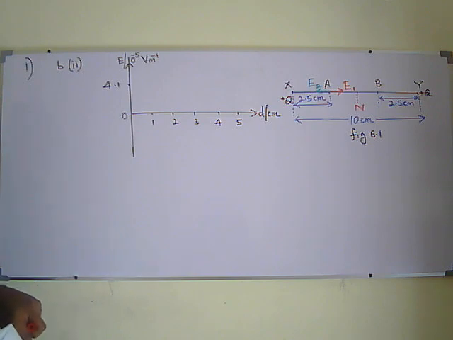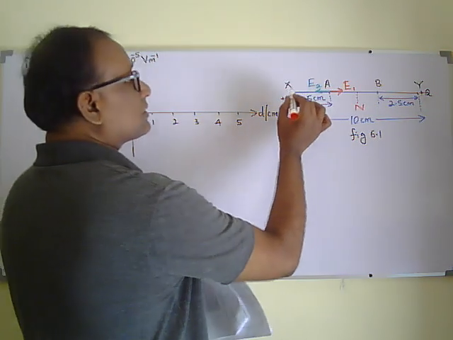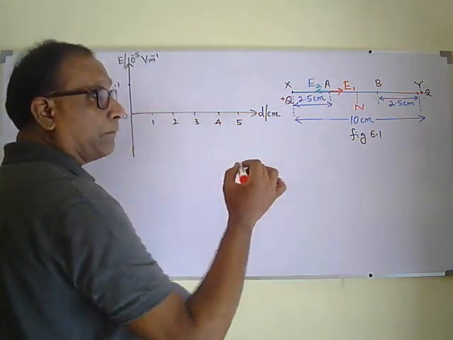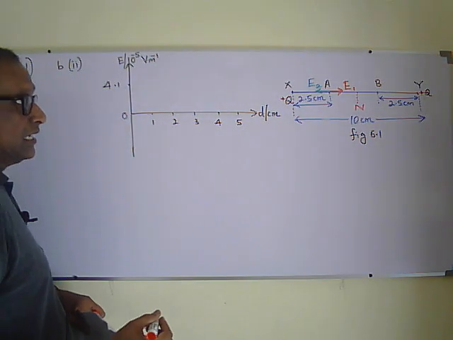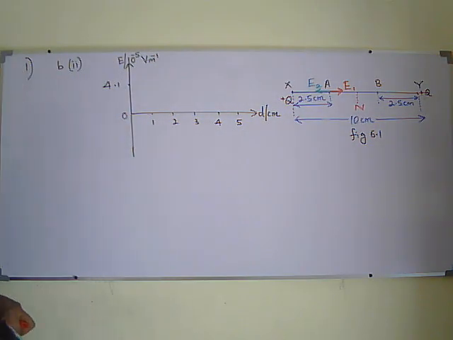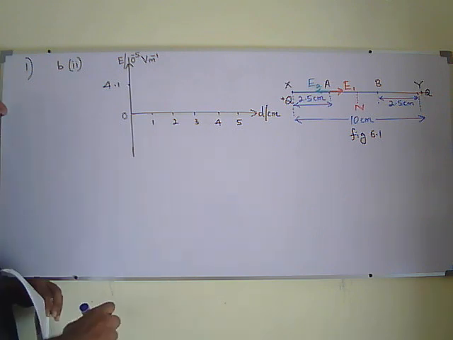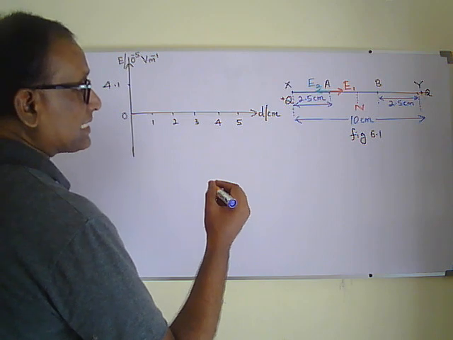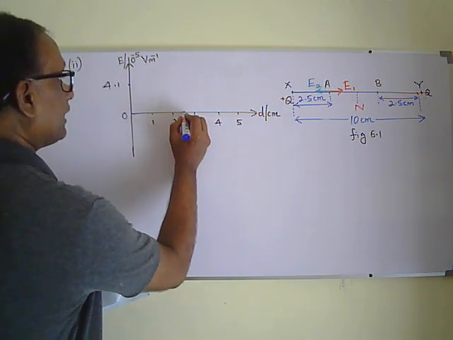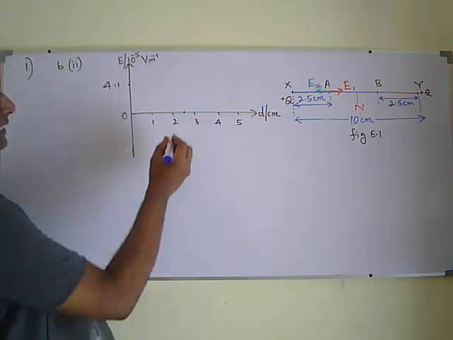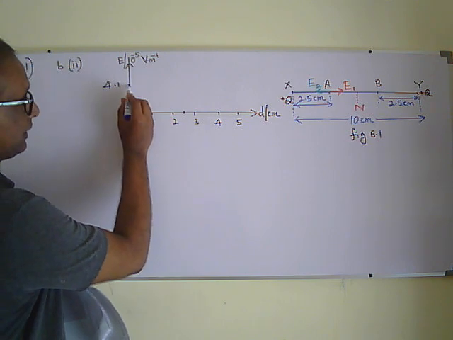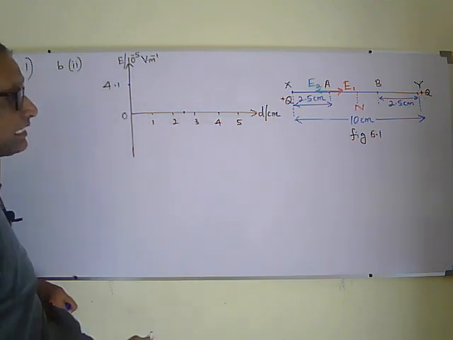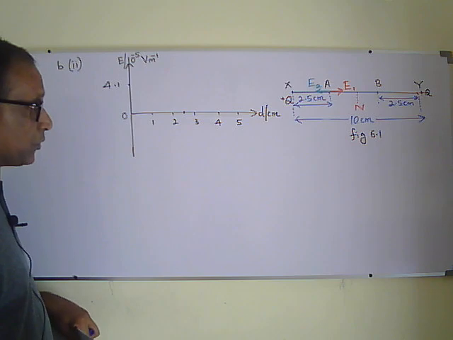The electric field strength will be equal to 0 because X and Y have the same magnitude of positive charges. So at N the electric field strength is 0, which means I know one of the coordinates: at 2.5 centimeters the electric field strength is 0. So the graph starting from here, at this point, the electric field strength must be equal to 0.